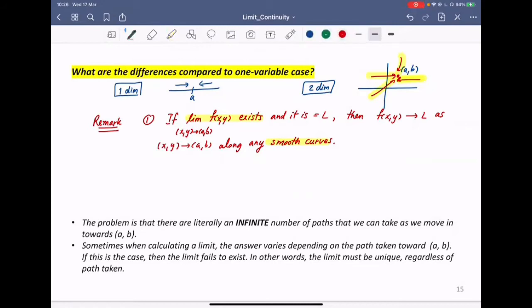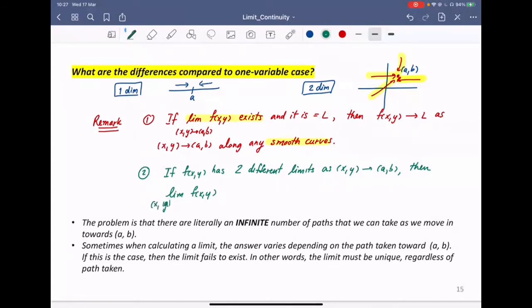Now if you use the contrapositive, by this I mean just reverse the sentence in number one, you're going to get: if f of x, y has two different limits as x, y go to a, b, then the limit of f of x, y as x, y go to a, b does not exist.